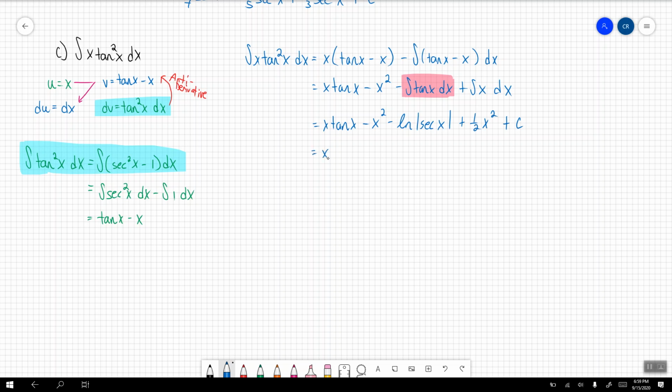Condense all of our like terms: x times tangent of x, and then our x squareds, which will be negative 1/2. So let's rewrite this: x tangent of x minus 1/2 x squared, minus natural log of the absolute value of secant of x plus c. And there you are. We've evaluated that integral. Very nice, neat, and concise.